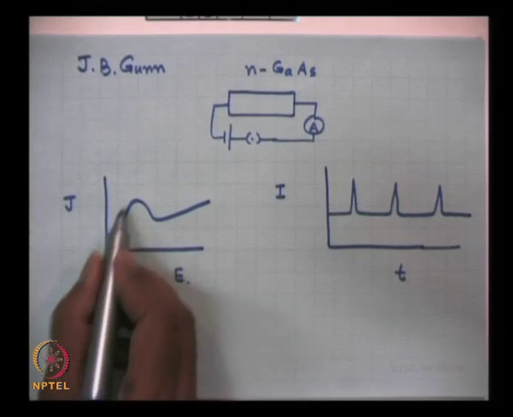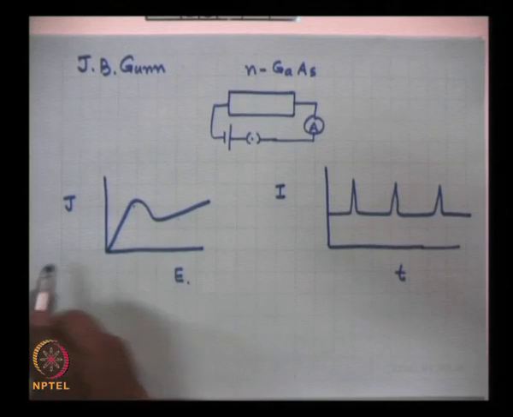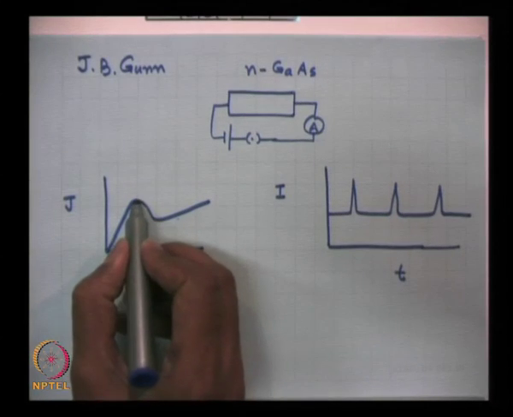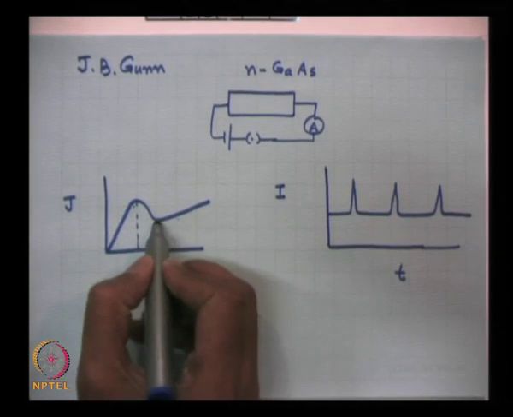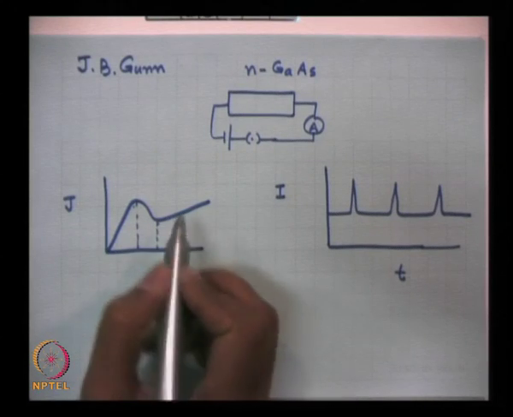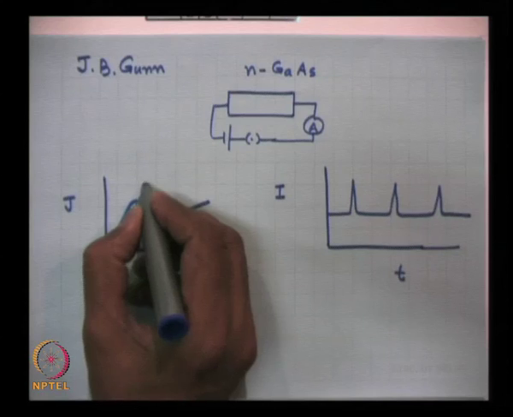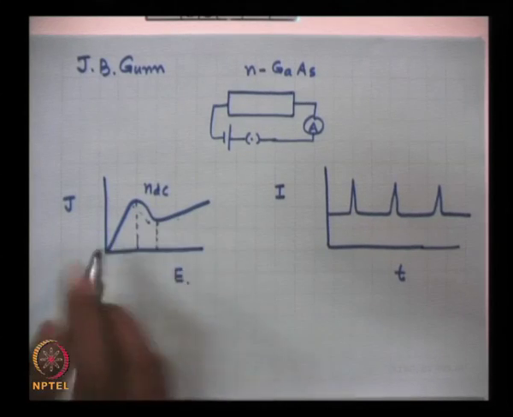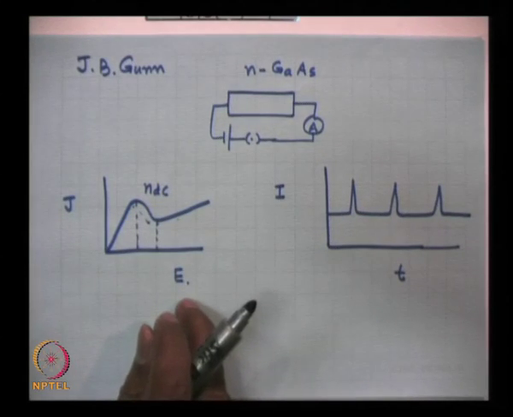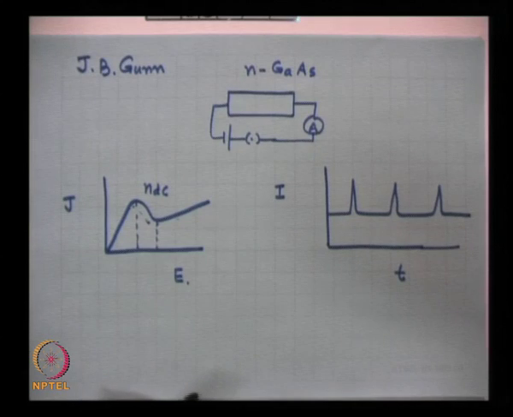The slope of this J versus E curve was different here than there. This region between this peak and this minimum is called the region of negative differential conductivity, NDC, because current decreases with the electric field, more the electric field less the current. That is something very spectacular.